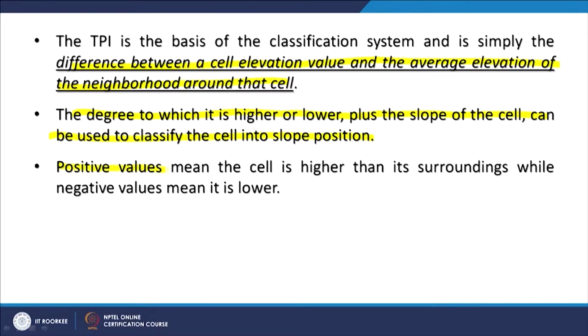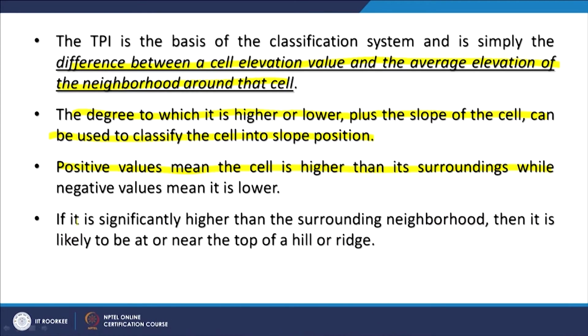Now a positive value means the cell is higher than the surrounding, while a negative value means it is lower. If it is significantly higher than the surrounding neighborhood, then it is likely to be near the top of a hill or ridge. And this is a very common thing in terrain like the Himalaya, where suddenly you get something which is very high.